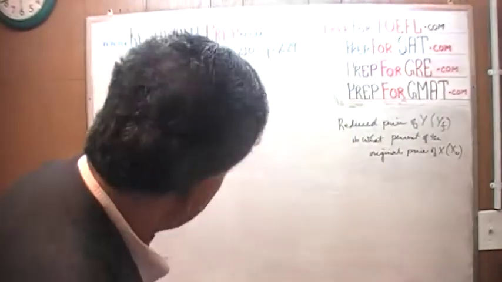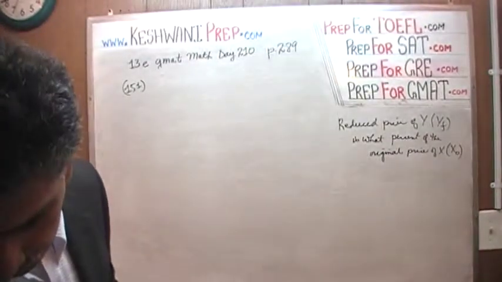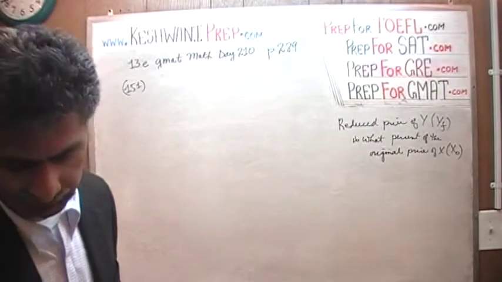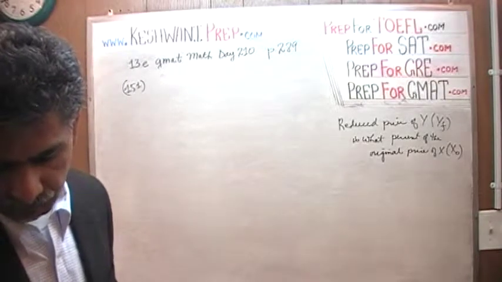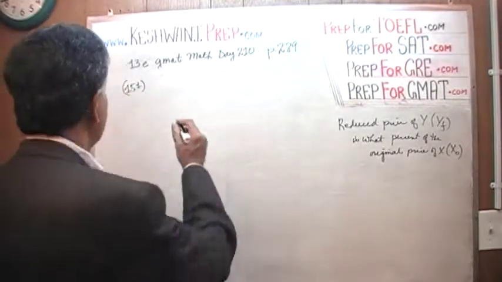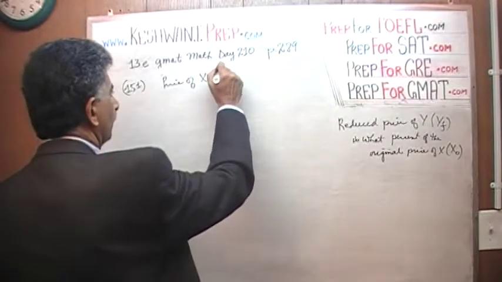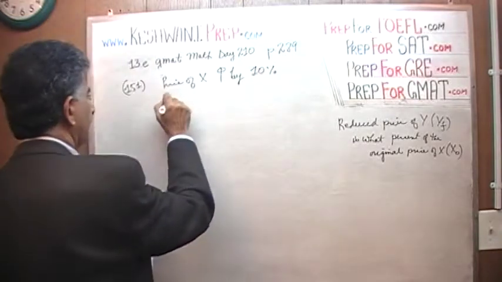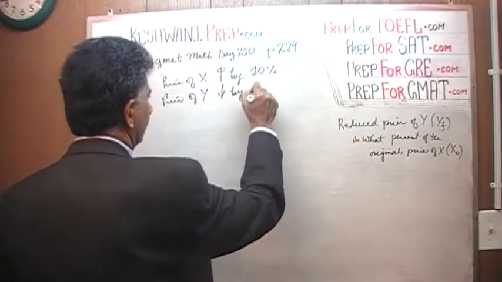In problem number 151, they tell us that the price per share of stock X increased by 10% over the same period that the price per share of stock Y decreased by 10%. So the price of X has gone up by 10%, and the price of Y has gone down by 10%.